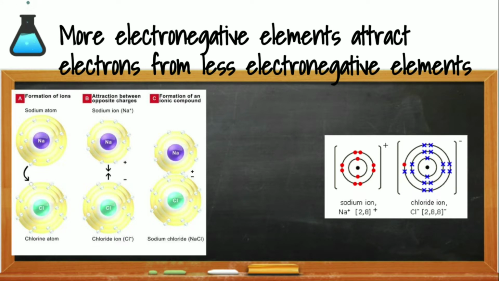But why? Because when sodium gives away its valence electron, and when chlorine gains one more valence electron, together they will obtain a stable, low energy, noble gas valence electron configuration, and they will be attracted because of their opposite charges.